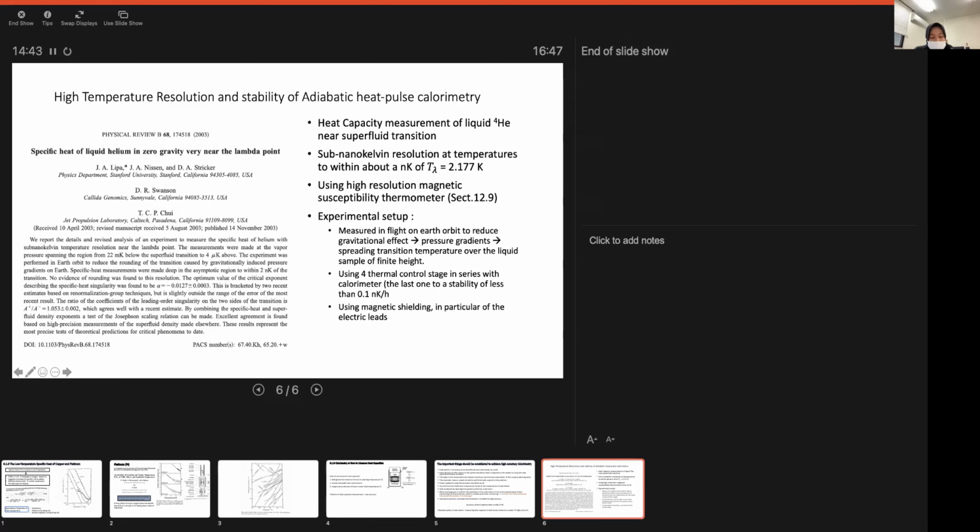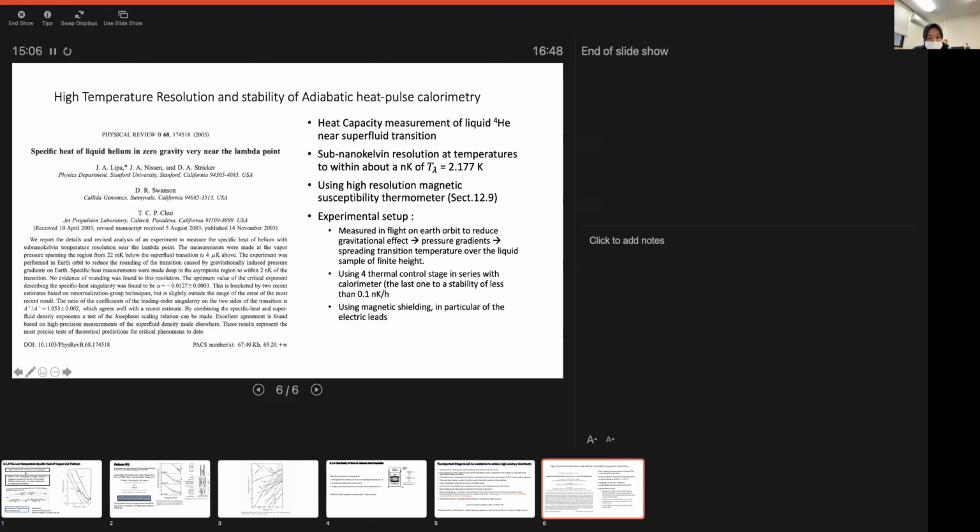They also use a high resolution magnetic susceptibility thermometer to measure, so they can get a resolution in the sub-nanokelvin range.